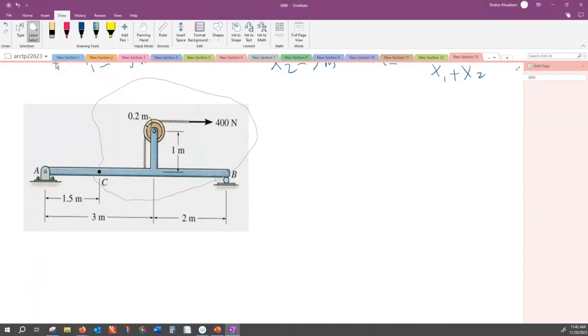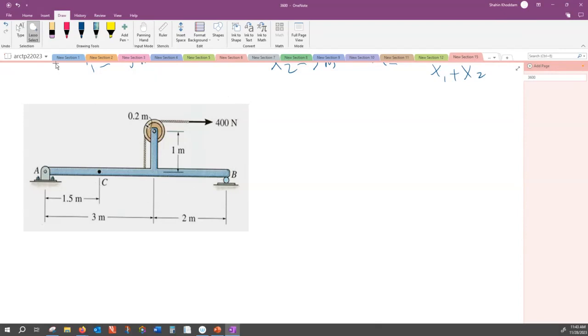Which one do you take? Well, maybe I would take the right hand side. Why? Because right hand side has a given external force in it, and that makes it solvable. But with the right hand side free body diagram, I need to find that reaction first.